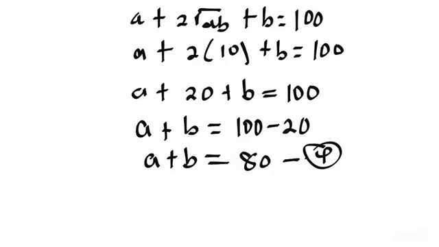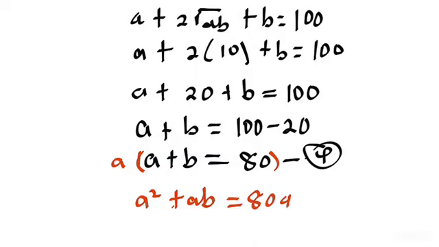Alright, so the next thing we're going to do is multiply this equation 4 by A. If I multiply equation 4 by A, I'm going to have A times A, which is A squared, plus AB, equals 80A. Then we have A squared minus 80A plus AB.